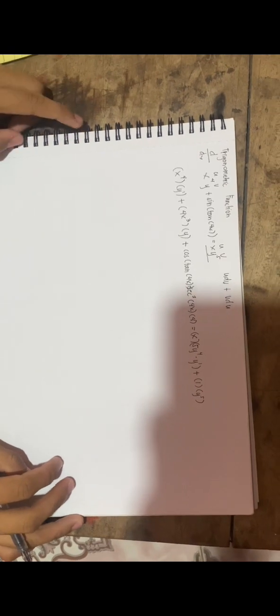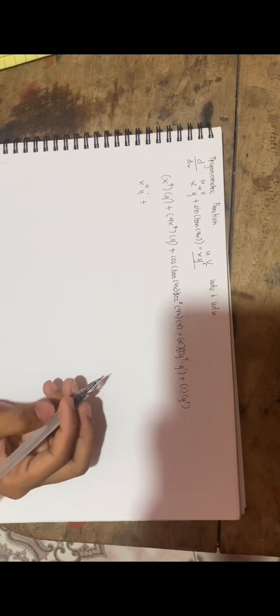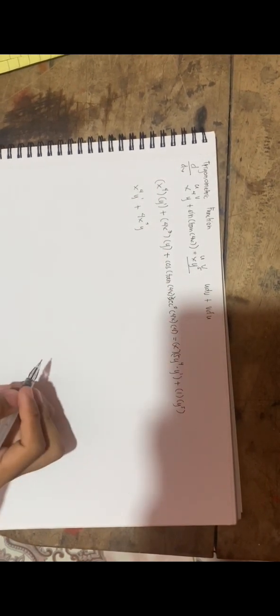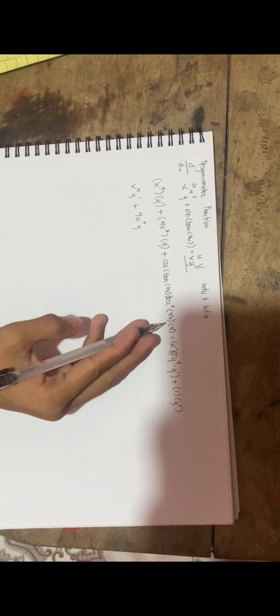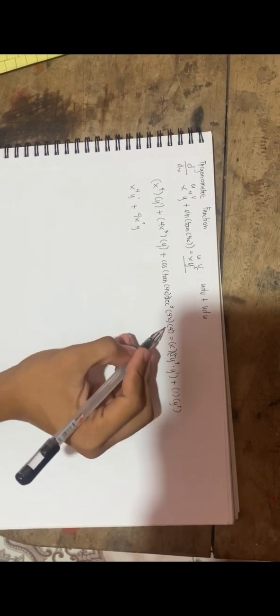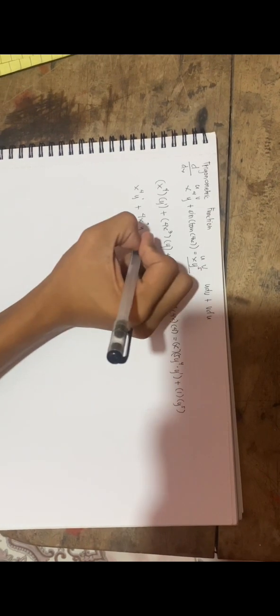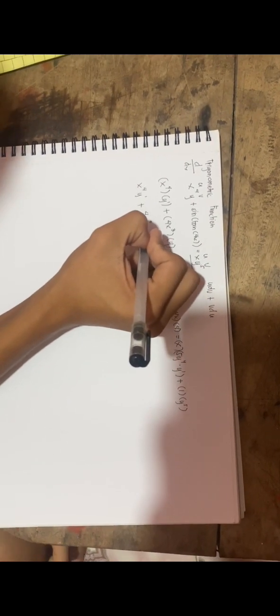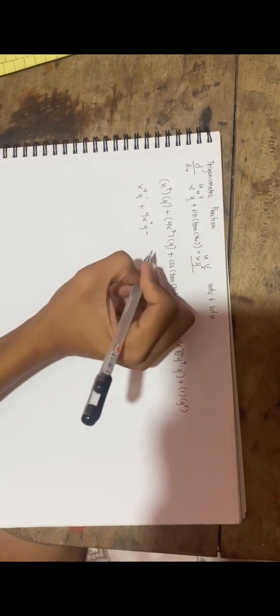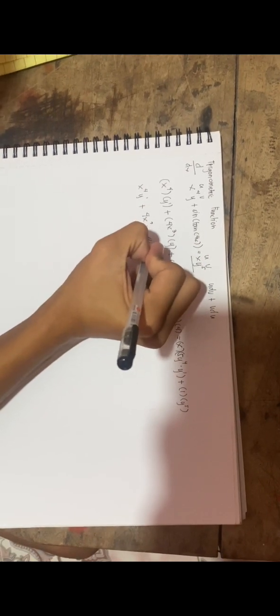And let us multiply x raised to 4 times y prime is x to the 4 y prime, plus 4x raised to 3 times y is 4x cube y. Then multiply negative 4 with cosine, it would be equivalent to negative 4 cosine.